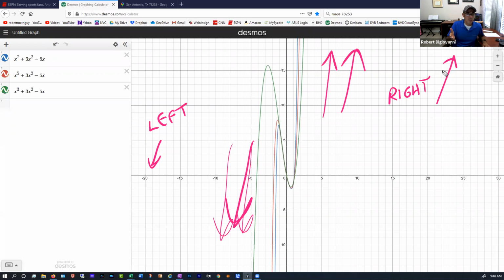Yes? For all of these. Okay, let's talk about the degree of each of these. The degree of the first one is 7, the second one is 5, the third one is 3. So they're all odd numbers. Do y'all see that?